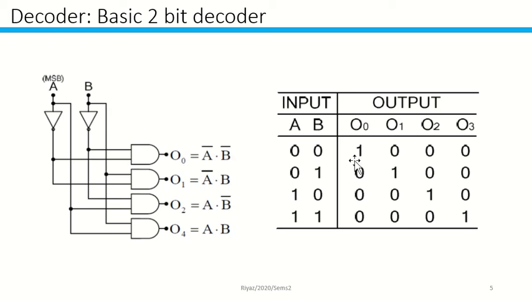When you have 00, output 0 will be activated. When you have 01, output 1 will be activated. When you have 10, this particular output will be activated, and with 11 you're going to have this output.